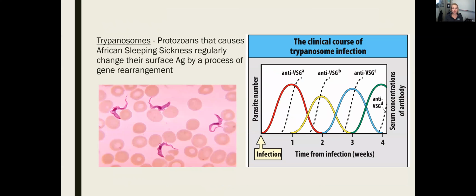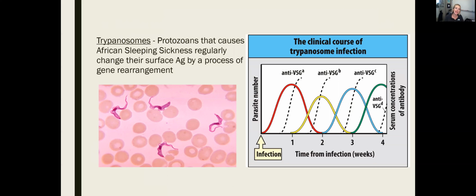Okay, so trypanosomes are super crazy. These are parasites. They are eukaryotic parasites, protozoans, and they cause the disease African sleeping sickness. And they regularly just change their proteins. It's crazy. So they infect somebody, they have a certain protein, the body responds to it, and they're like, oh, bring in the new protein, stop making that one, bring in a new one, and then they make the new one.